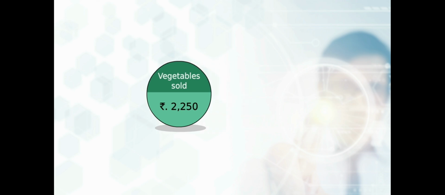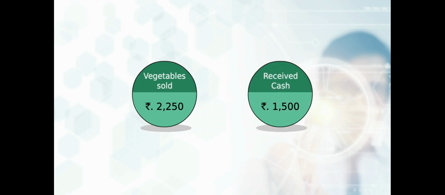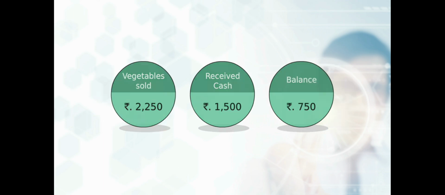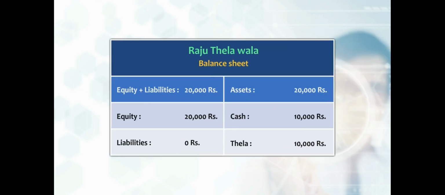He sold the vegetables for a total of rupees 2,250, for which he received rupees 1,500 in cash, and the balance rupees 750 will be paid after 2 weeks. Remember, Raju's balance sheet looked like as shown on the screen after he bought his thela.